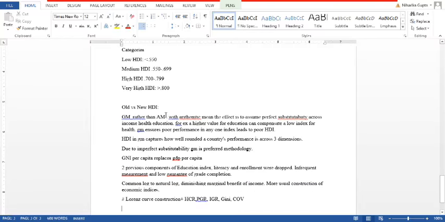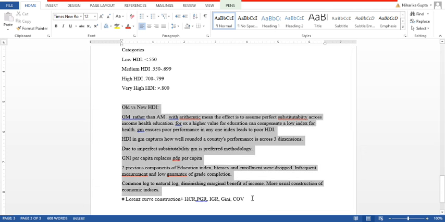There are also comprehensively mentioned some differences between the old and new methodology of HDI, which is this. We take the geometric mean now, but earlier it was the arithmetic mean. Why was this done?